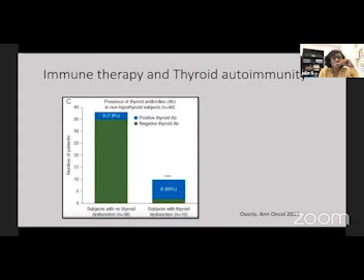And this group, Osorio and his group, found that among patients with thyroid dysfunction, almost 80% had positive thyroid antibodies. These antibodies were either peroxidase antibody titers or TSH receptor antibodies. But this has not been duplicated in other studies.